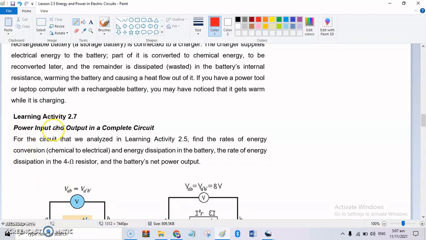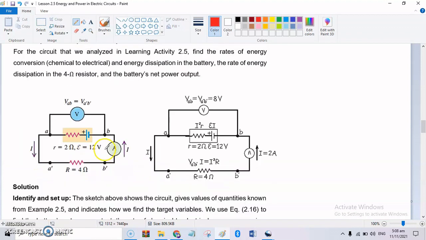Now, learning activity 2.7. Power input and output in a complete circuit. For the circuit that we analyzed in learning activity 2.5, we find the rates of energy conversion, chemical to electrical, and energy dissipation in the battery, the rate of energy dissipation in the 4 ohm resistor, and the battery's net power output.